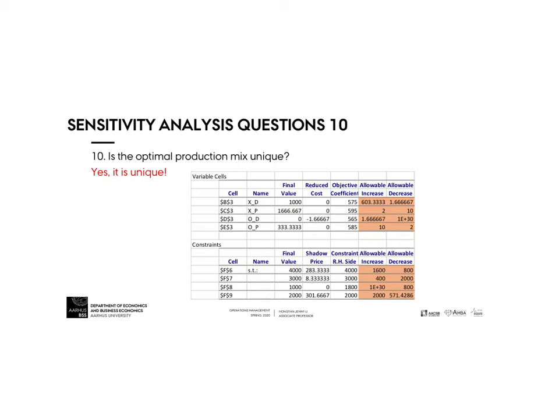The answer is yes, because as the standard, you can make a judgment from the allowable increase and decrease for the decision variables' coefficients. Now you can see there is no zero in allowable increase or decrease.